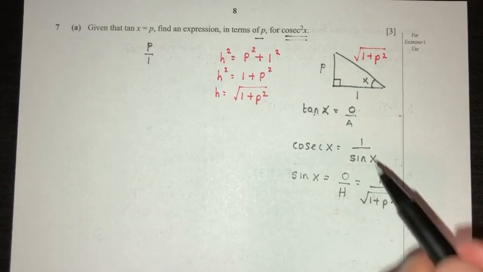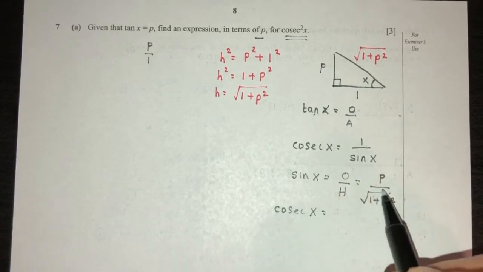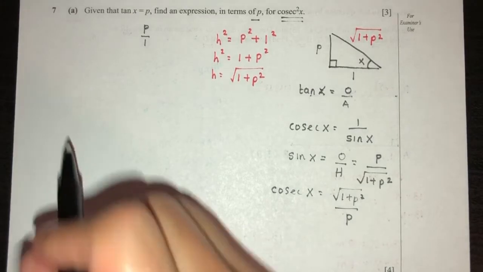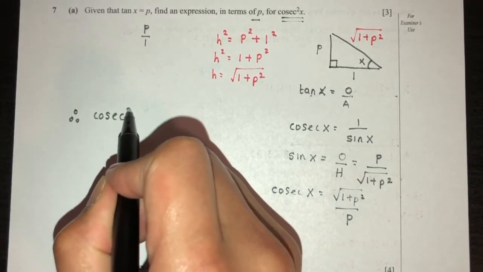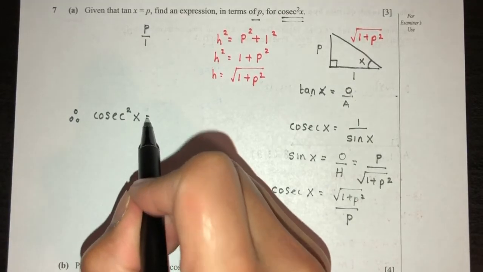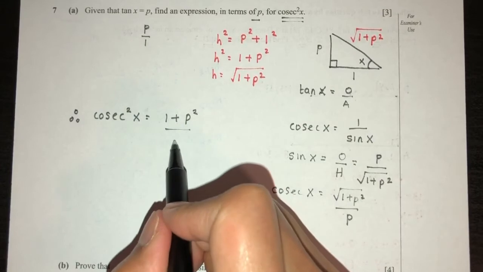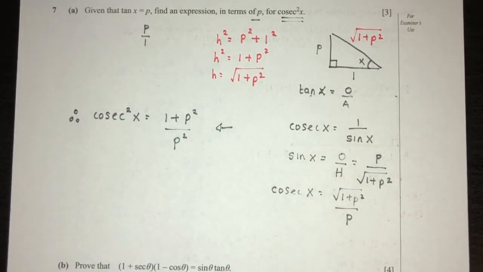So from this you can derive cosec x has to be 1 over this, so it will become root of 1 plus p square over p. Now you want to find the value of cosec square x. That will become 1 plus p square over p square. Okay, so this is your answer for part A.